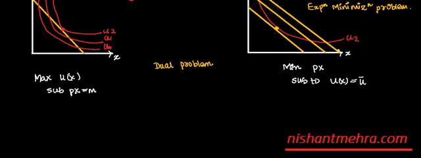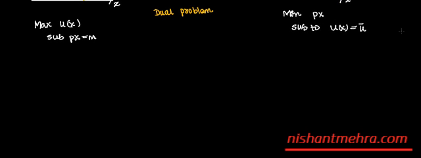So guys, this is the dual problem, that utility maximization implies expenditure minimization and expenditure minimization implies utility maximization. Okay, so this is problem A and this is problem B, and we are assuming something.